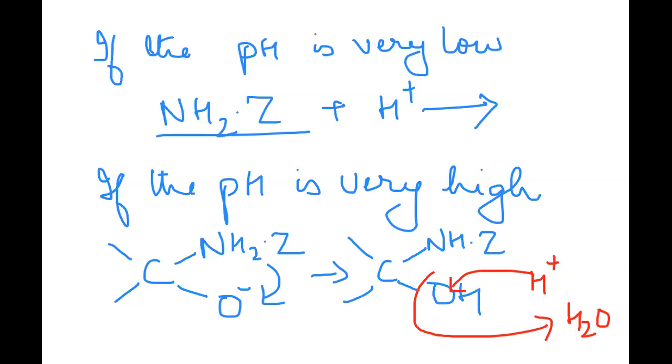Formaldehyde is the only aldehyde which will give you a primary alcohol. The rest of the aldehydes are going to give you secondary alcohols, and ketones are going to give you tertiary alcohols.